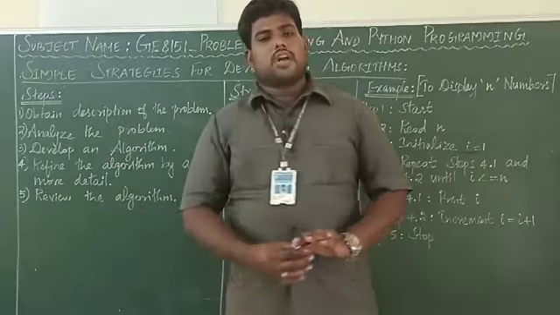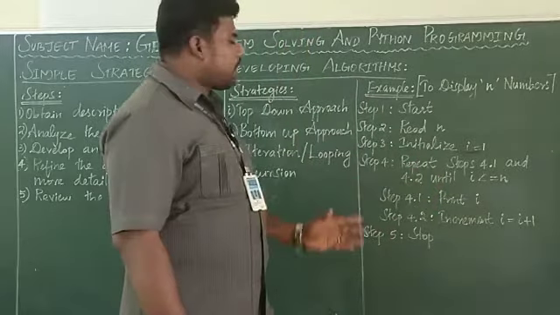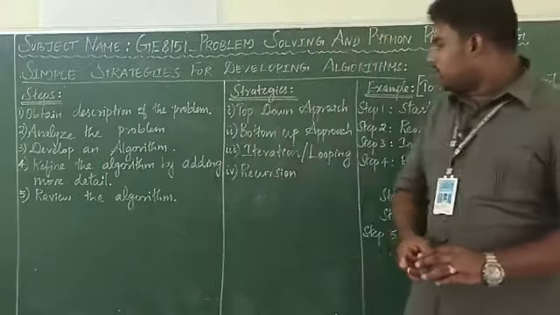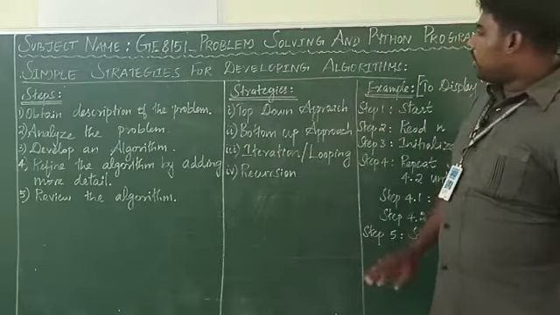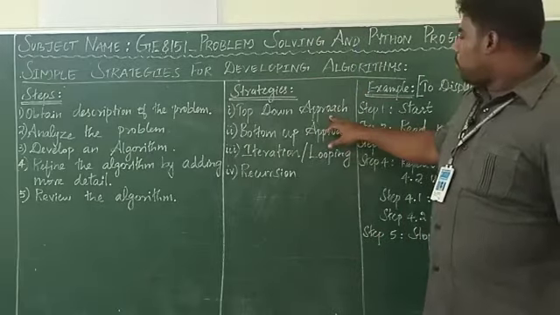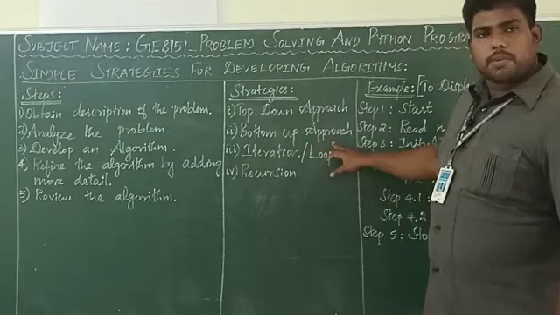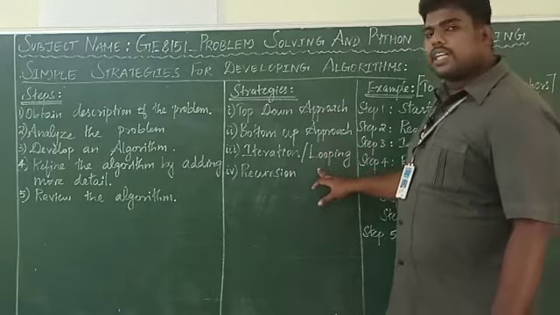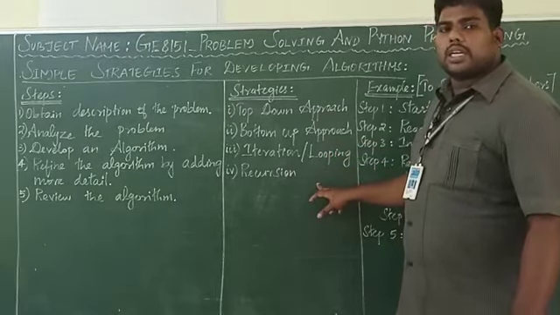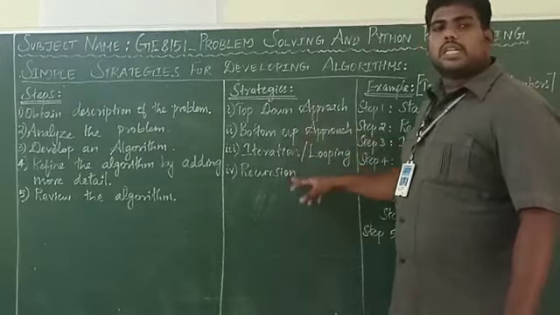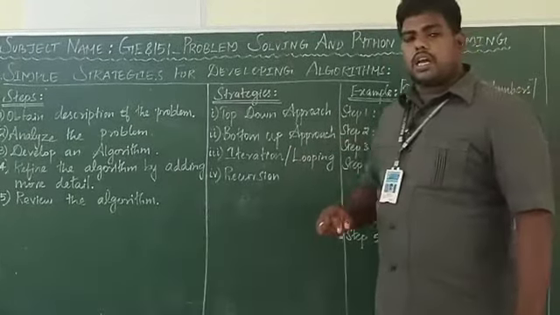Okay. Then the strategies: there are 4 strategies for developing the algorithm. The first one is the top-down approach, the second is the bottom-up approach, the third is iteration, and the fourth is recursion. These are the 4 strategies for developing an algorithm.